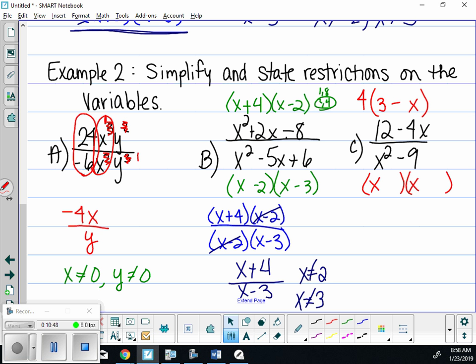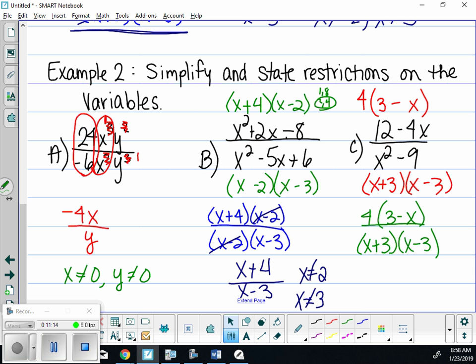So the two numbers that multiply to -9 and add to 0 are 3 and -3. Okay. So our factored form is 4 times 3 minus x over x plus 3 times x minus 3.